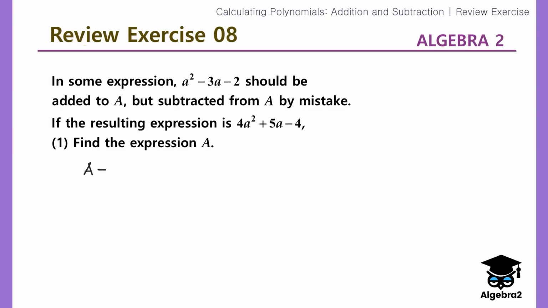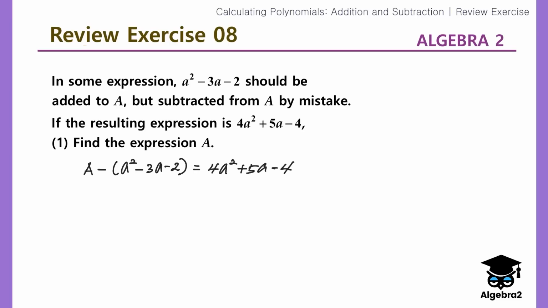A minus a squared minus 3a minus 2, which by mistake should have been added, is equal to 4a squared plus 5a minus 4.